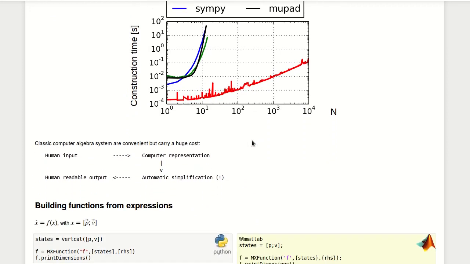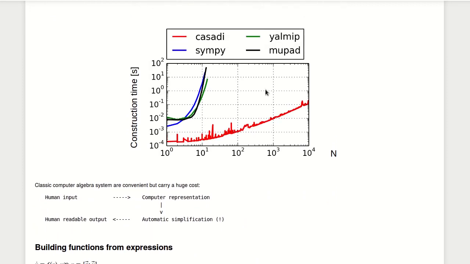Now you may wonder, why do the other, for example, the computer algebra systems in MATLAB, MuPAD, and in Python, SymPy, why do they have a different order? Well, the explanation is a bit simple. A computer algebra system was originally designed to help the human to work out problems on paper.